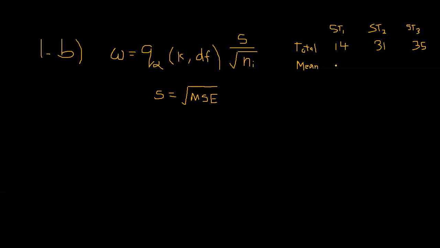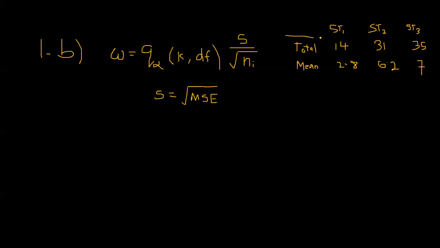So how to get the means? 14 divided by 5 because we have 5 subjects, and 31 also divided by 5, and 35 also divided by 5. So now we will get the mean for score trial 1 is 2.8, and score trial 2 is 6.2, and for score trial 3 you will get 7.